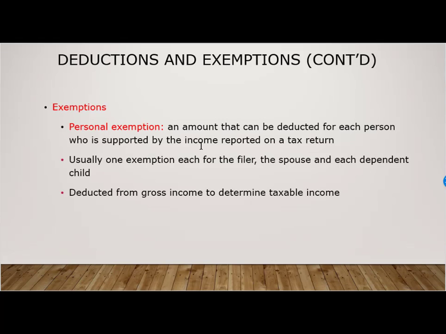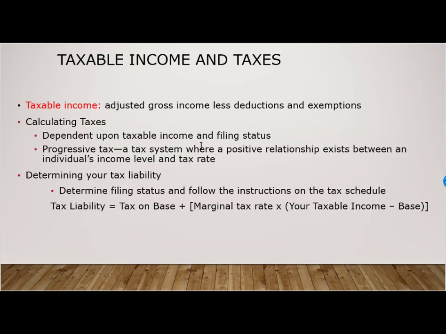We also get personal exemptions, and this is where I was going a little bit earlier. You get an exemption for the filer of the reports, their spouse, if they have one, and each dependent child that they have. Again, this is all deducted from your gross income. So you have standard deductions and you have exemptions.